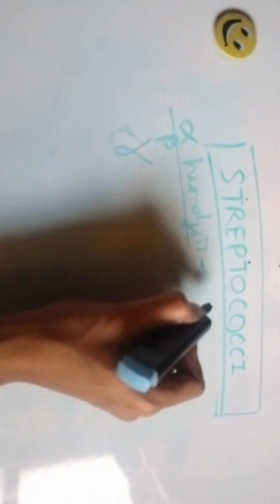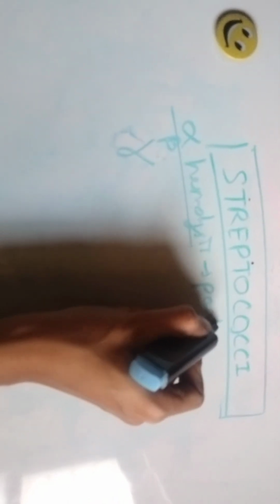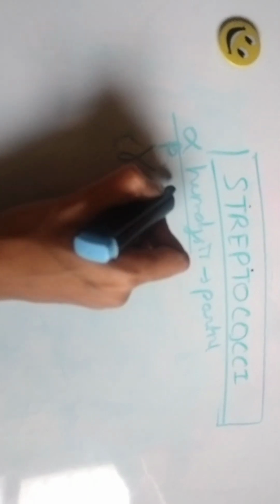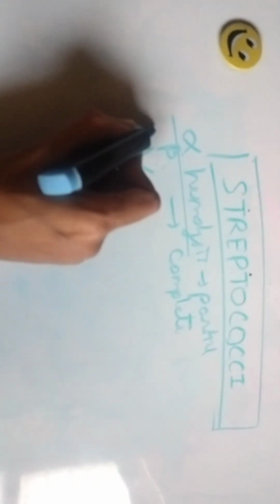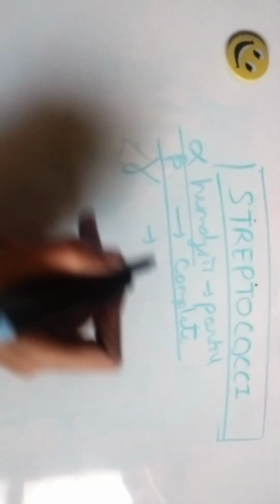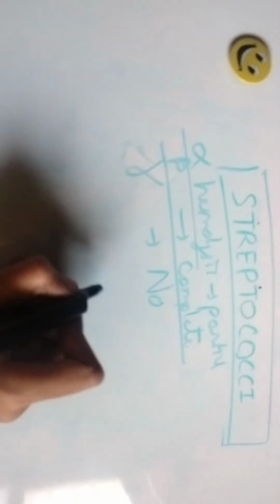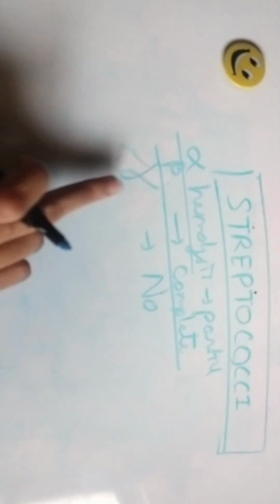Alpha hemolysis is the partial hemolysis. Beta hemolysis is the complete hemolysis, and gamma means no hemolysis. No hemolysis means gamma hemolysis on the basis of blood agar.